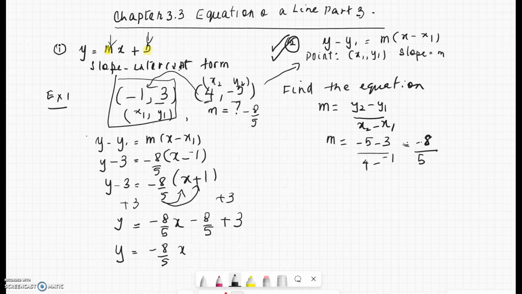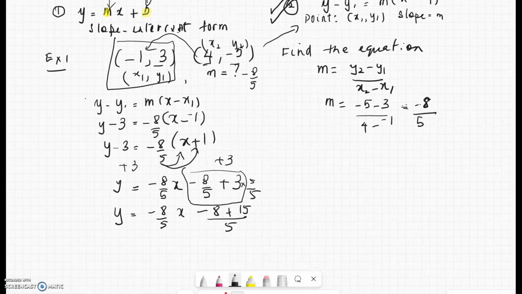And then we combine these two numbers using a common denominator of 5. So that is negative 8 plus 15 over 5. Let's simplify this. This would equal negative 8 over 5x, and 15 minus 8 is 7, so it's plus 7/5.